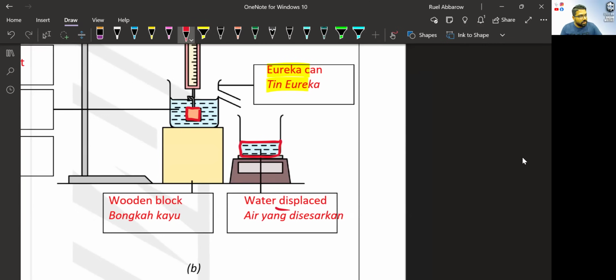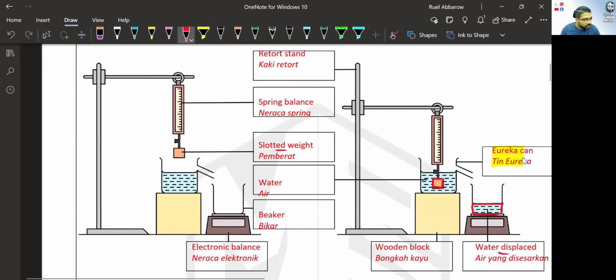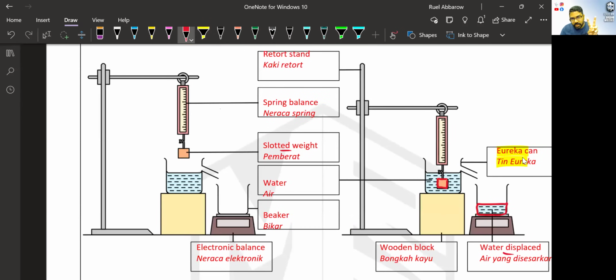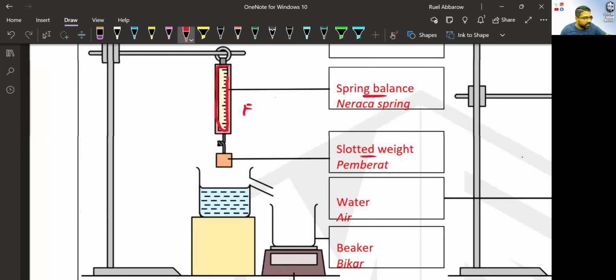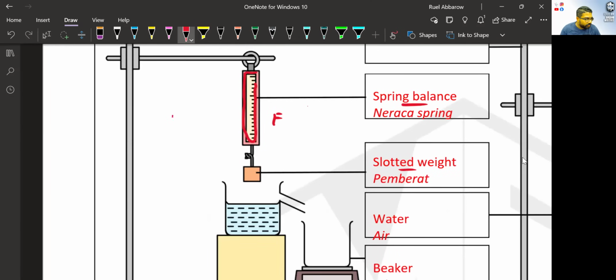Another thing that's important here: there are two measuring instruments that we're using. Number one is the spring balance. The spring balance is, of course, to measure force. But actually, what does the reading reflect? Let's do a very simple free body diagram of this slotted weight. The slotted weight has weight acting on it downwards.